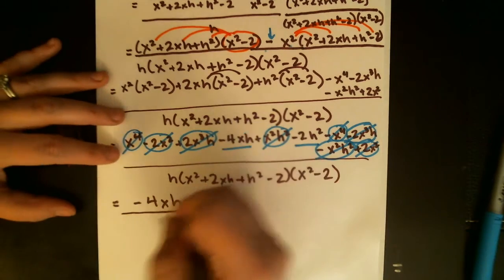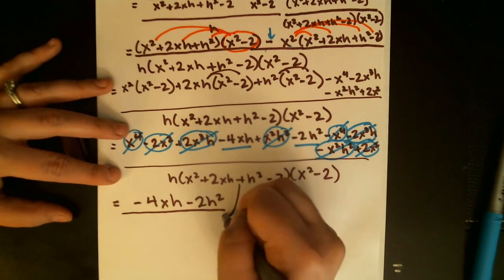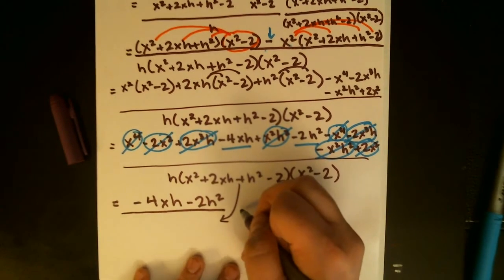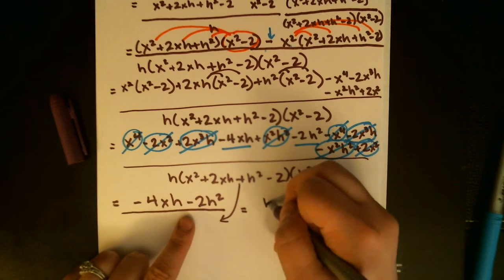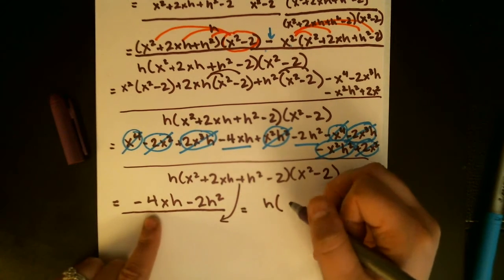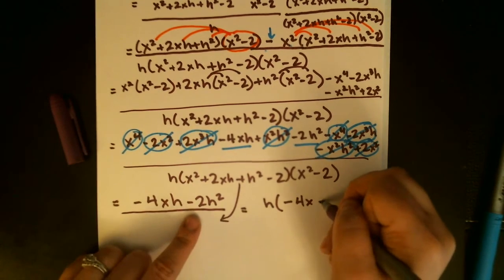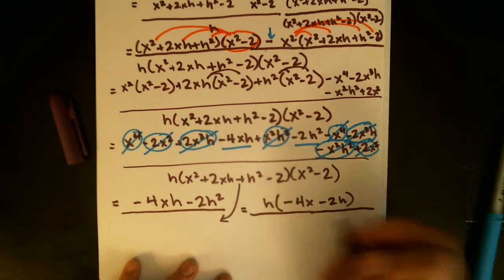Okay, I'm going to get a little bit lazy mode here. I'm running out of paper. Over that same thing, we can then factor out an h. You can factor out more than that if you'd like to, but my big goal was to factor out the h. So now I have negative 4x minus 2h. Okay, I'll go ahead and try and fit it in this time.